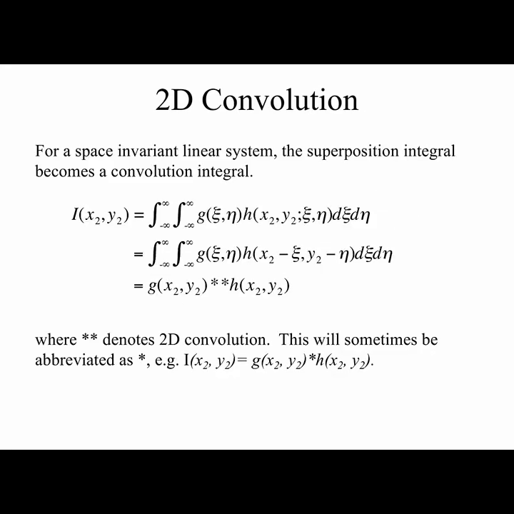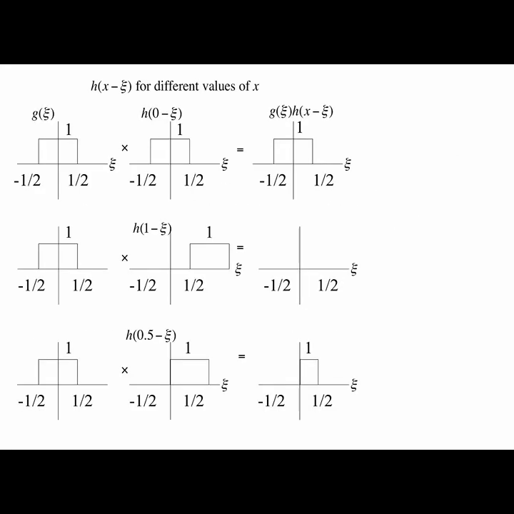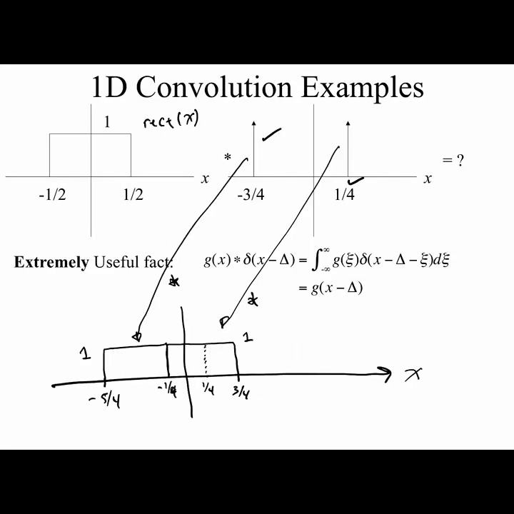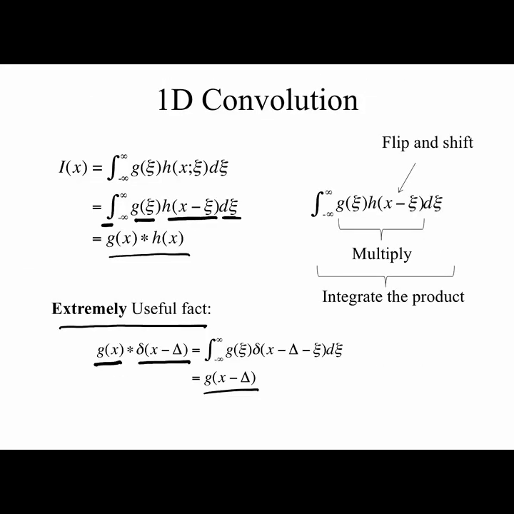But now let's get back to, we'll spend a few minutes talking about writing this out. One of your homework problems has you actually evaluate a convolution. The basic idea is, to do the convolution, you take one of your functions and do what's called flip and shift, which is you take the argument and have x minus xi, and the other one is g of xi.